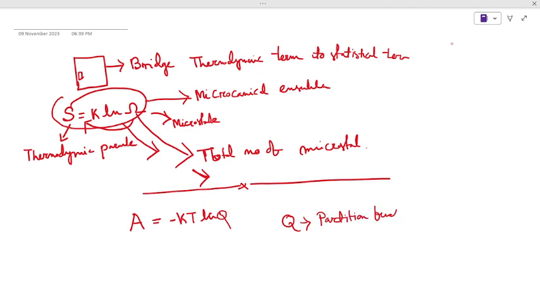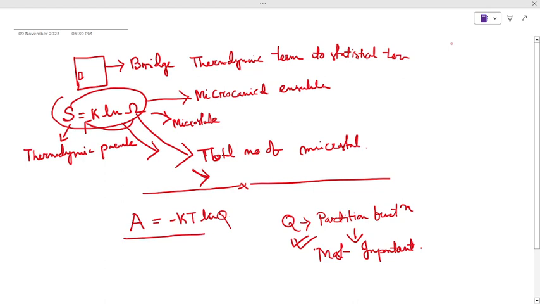So now this term has come. This is the most important term. You should learn how to calculate the partition function. It's the most important. The main questions will arise from this part, the partition function part.